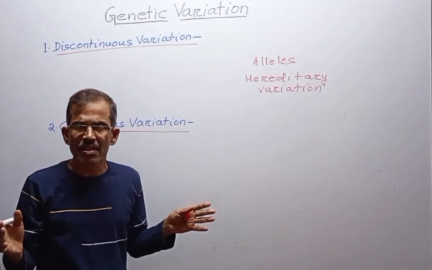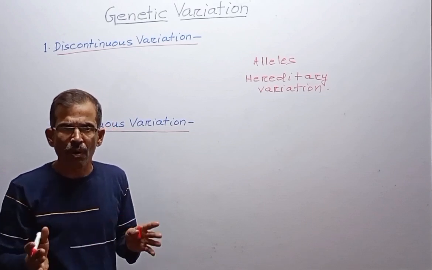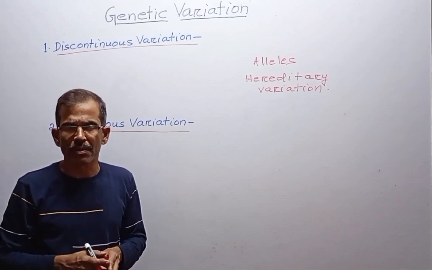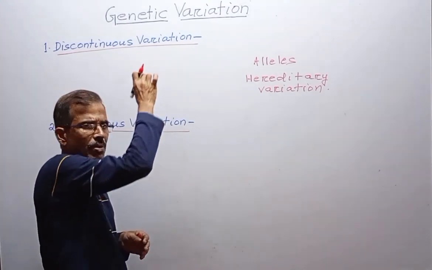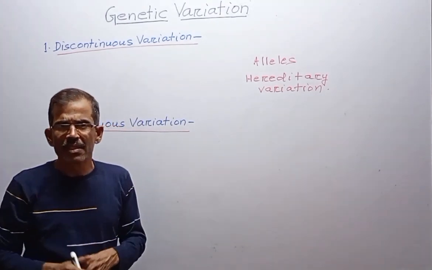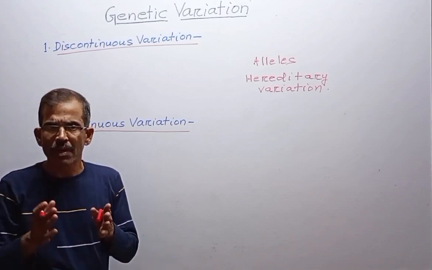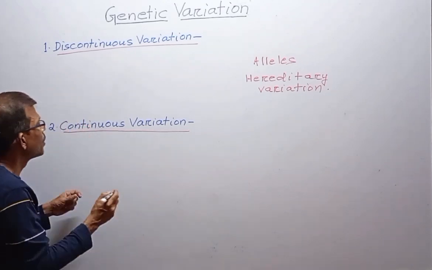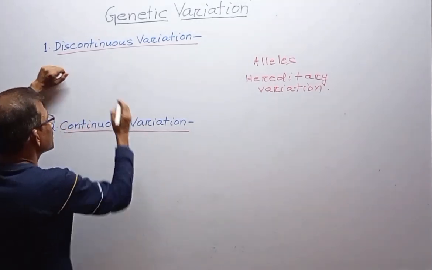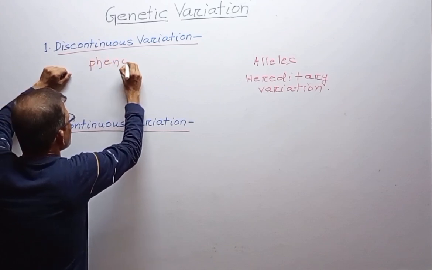Most of the research in genetics in the past century has been on discontinuous variation. This is because it is the simpler type of variation and it is easy to analyze. In discontinuous variation, a character is found in a population in two or more distinct and separate forms called phenotypes.